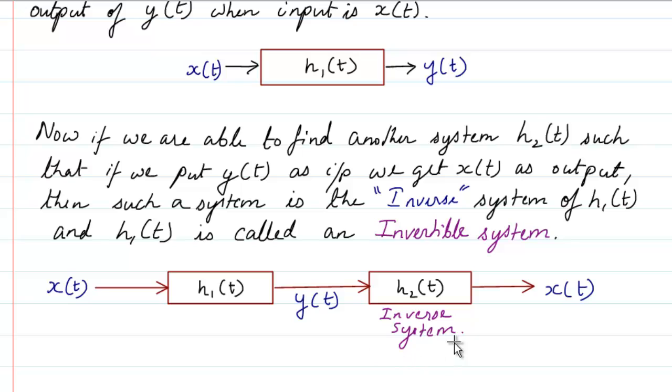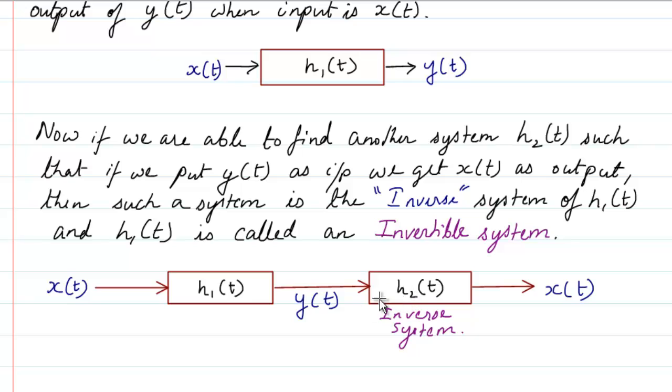Then this h2 of t will be called the inverse system of h1 of t. And if any system has an inverse system, then that system is called an invertible system. So here h1 of t is an invertible system because it has an inverse system, h2 of t.